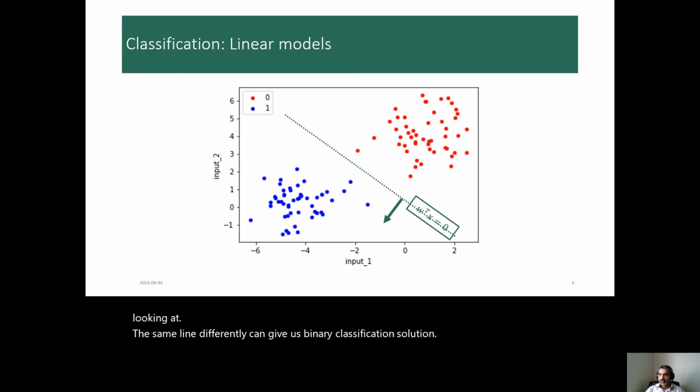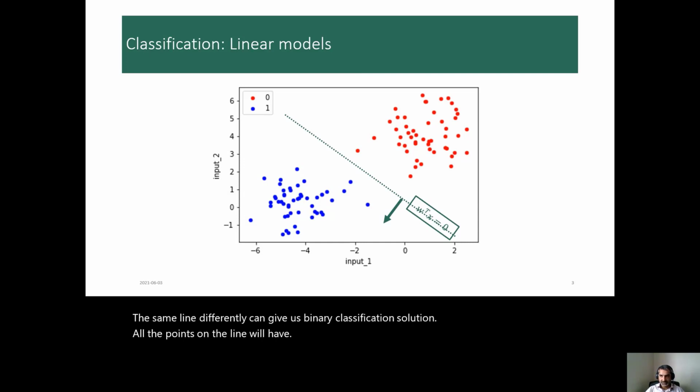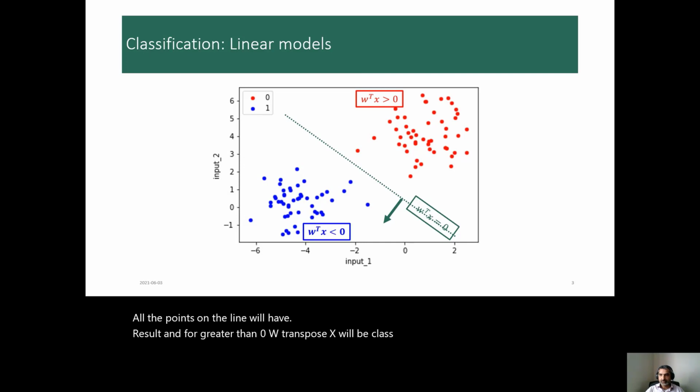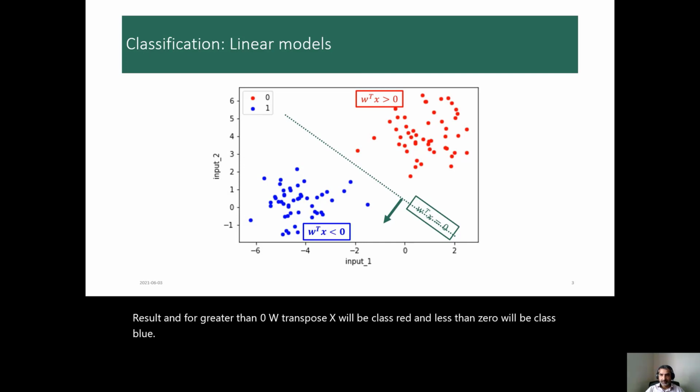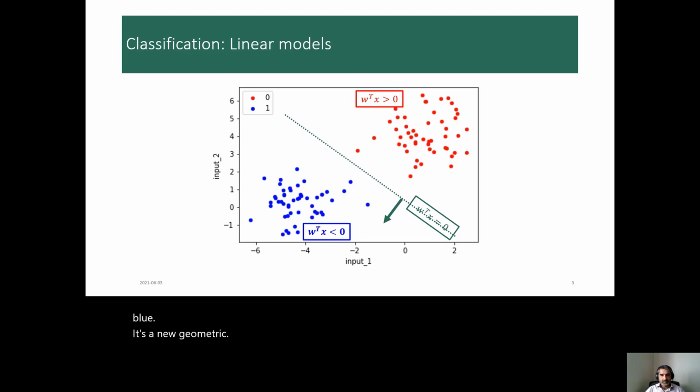All the points on the line will have 0 result, and for greater than 0, W transpose X will be class red, and less than 0 will be class blue. So it's a new geometric application and point of view of solving a different problem with the same regression equation. But we won't be doing regression here, even though we are using the line.